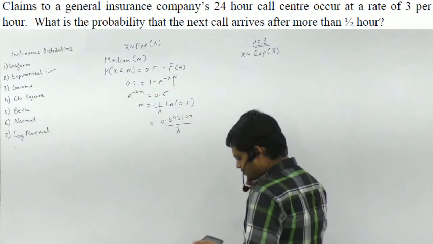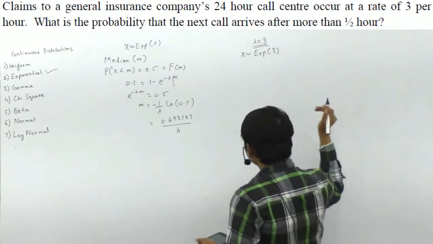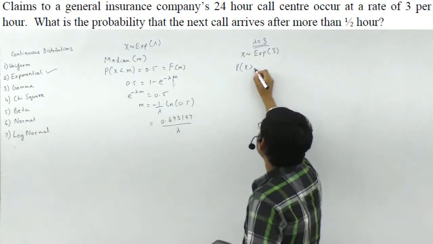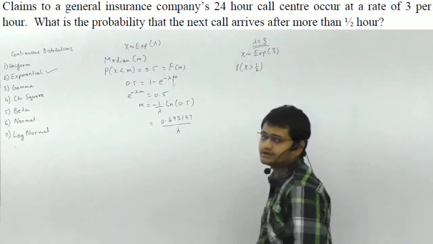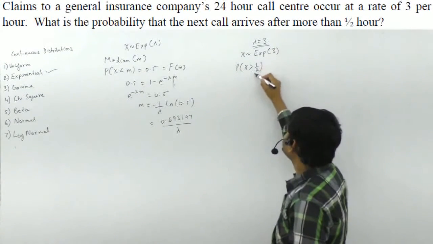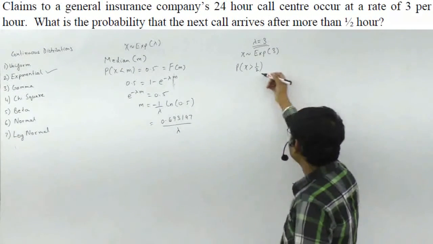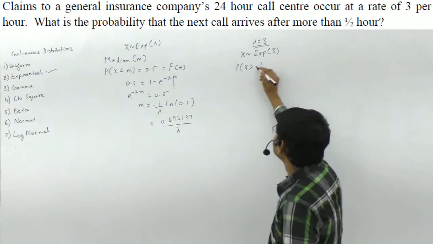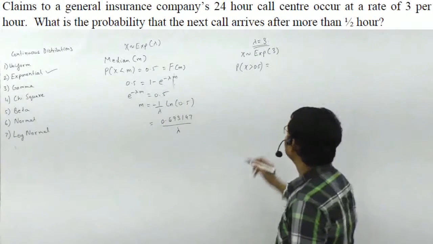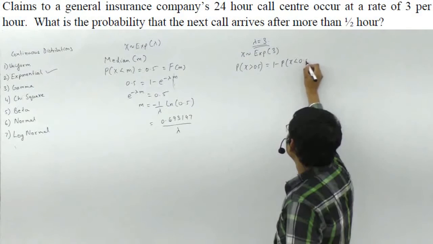Now we need the probability that the next call arrives after more than half an hour. So we need the probability x is greater than half an hour. Now the rate was per hour, so the units of x are going to be in hours. So half, or you can just write 0.5. So probability x greater than 0.5, I can write as 1 minus probability x less than 0.5.